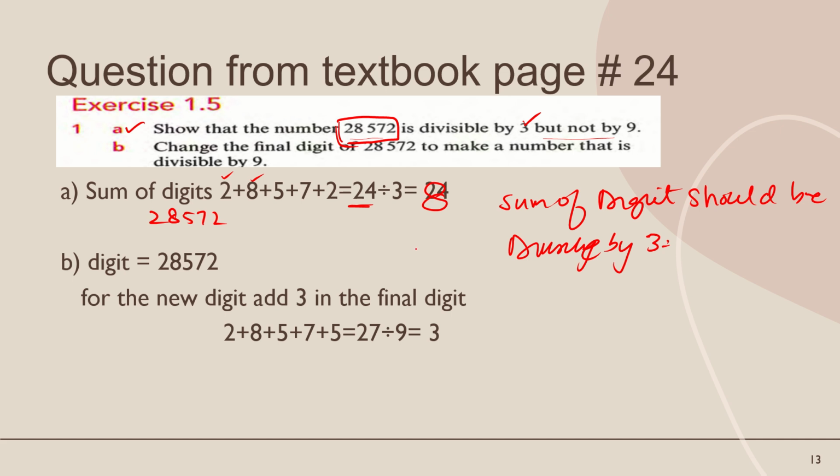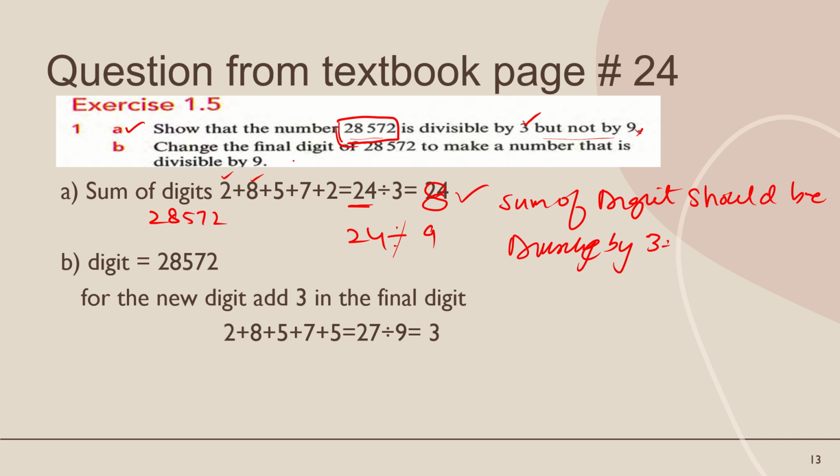Why not by 9? Because 24 cannot be divided by 9. It can be divided by 3 only. So this number is divisible by 3 only, not by 9, because 24 cannot be divided by 9. That is the main reason.